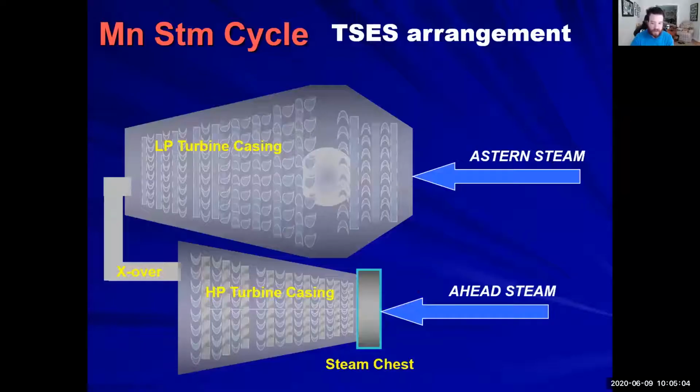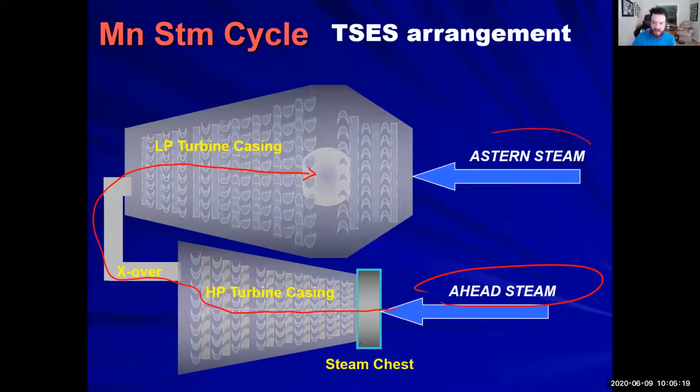So again, ahead steam will only go to the HP turbine casing, to your crossover, to your LP turbine casing, and down into your main condenser. Astern steam will just be going through the astern steam section of the LP turbine and down into your main condenser.